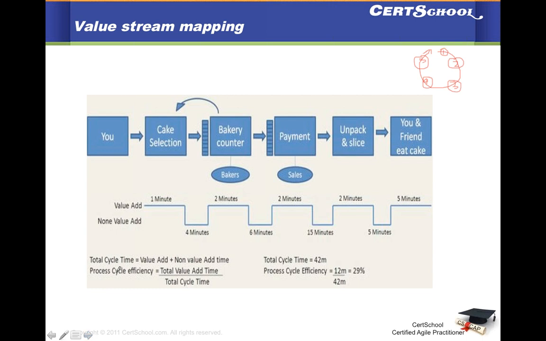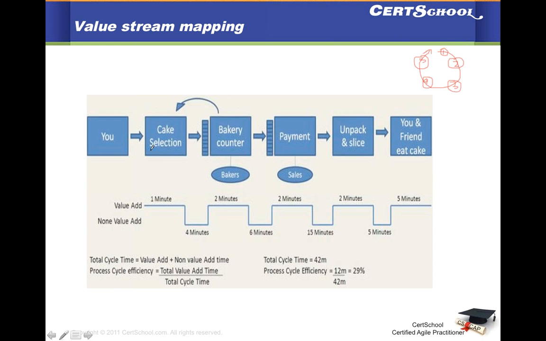Now, here is an example of how we can create a value stream map. This is a very high level example of looking at any process. So let's say you want to eat cake. What are the steps involved in that whole process? First of all, you do a cake selection.